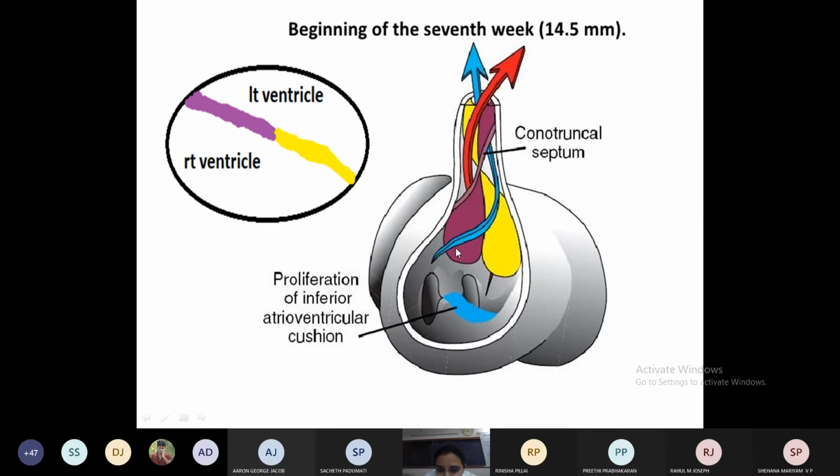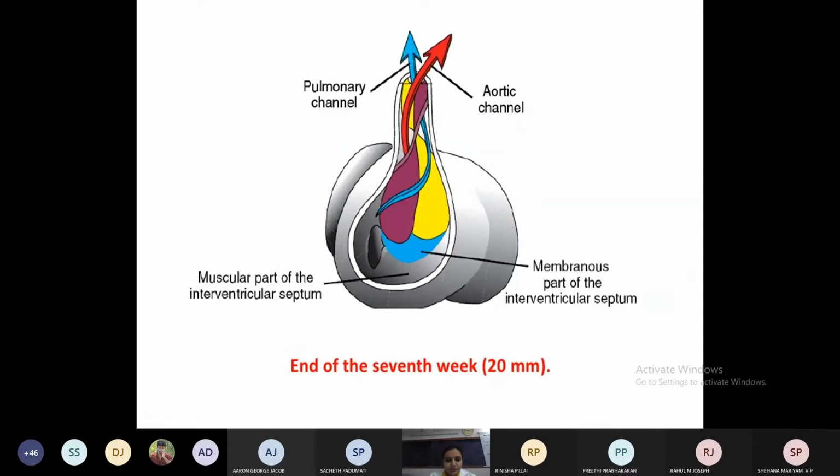So the right and left bulbar ridges and the lower part of the septum intermedium proliferate and fill the gap and form the membranous part of the interventricular septum. See, that part is bridged.